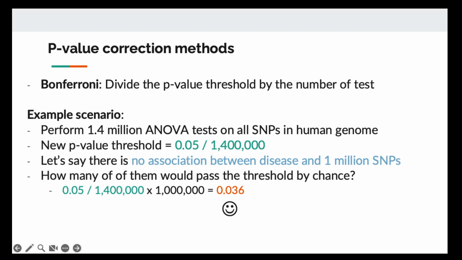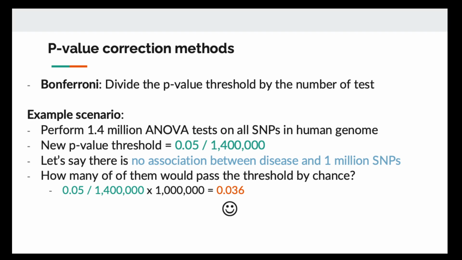Why does this help? Because if we assume that there is no association for 1 million SNPs, assuming that this null hypothesis is true, there will be only 0.036 SNPs that will be significant by chance. So now instead of 50,000, it's less than 1.